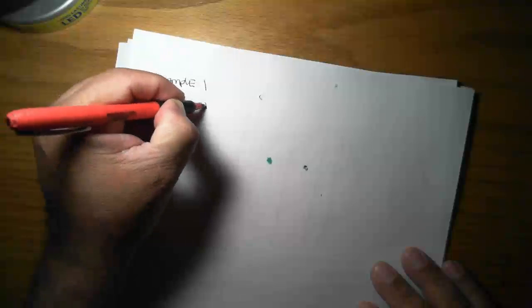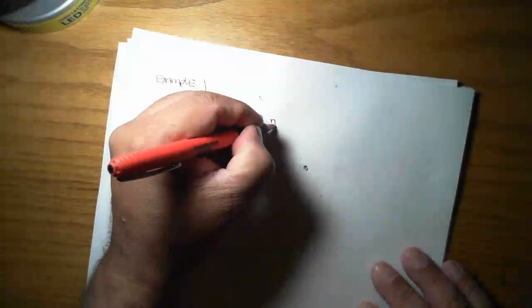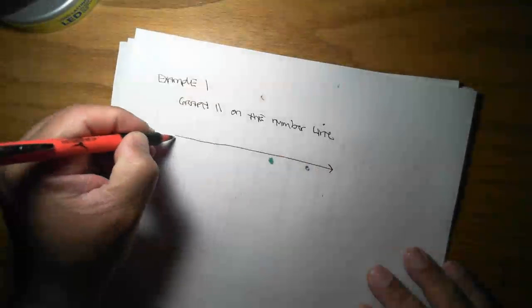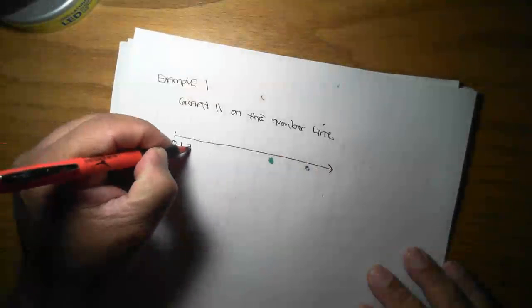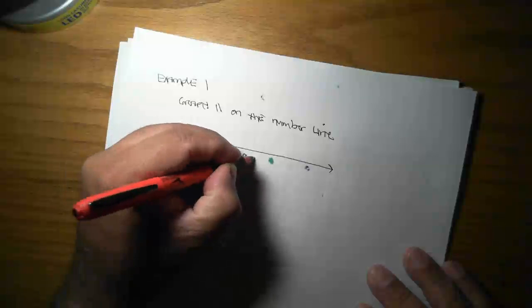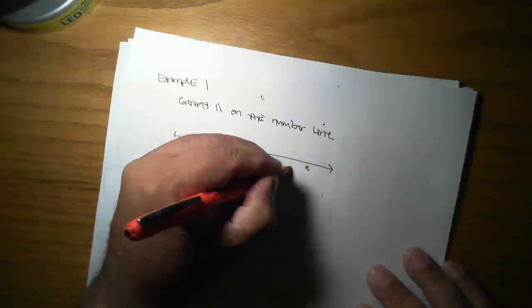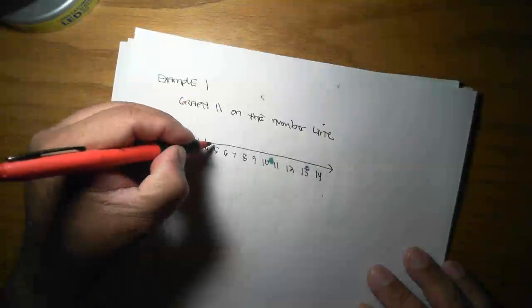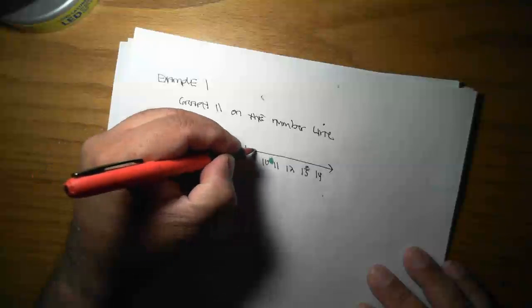And the directions are telling us to graph 11 on the number line. Okay, so let's draw a number line. 0, 1, 2, 3, 4, 5, 6, 7, 8, 9, 10, 11, 12, 13, 14. And let's draw the marks on the line so we know where we're at and what we're talking about.